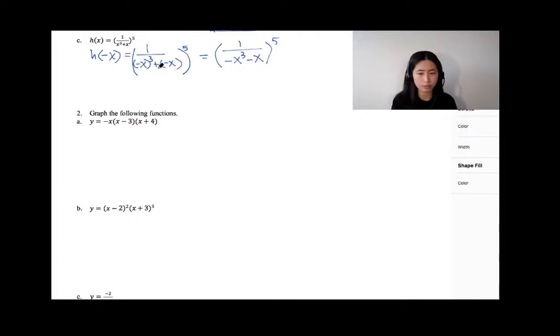Okay, so from there, we can take out this negative sign, such that this is now going to be negative, right? And by the way, because you have 5 here, we can say that this is negative 1 raised to the power of 5. Because remember, you're taking the negative 1 out from an exponent of 5.